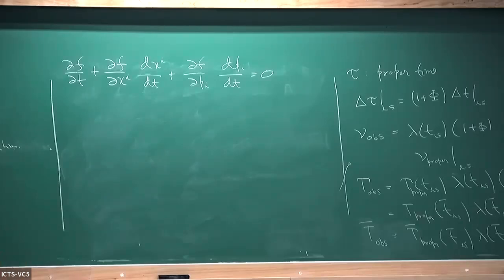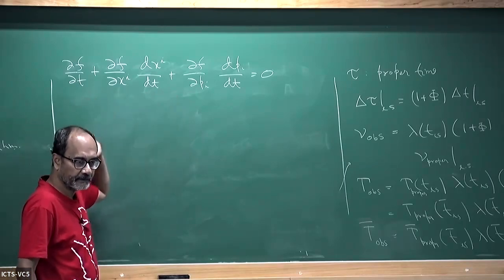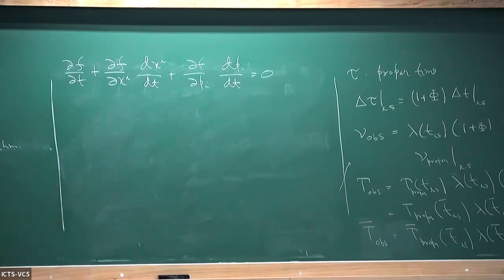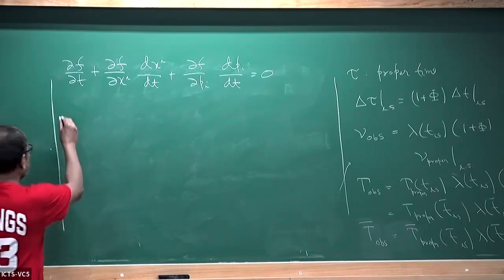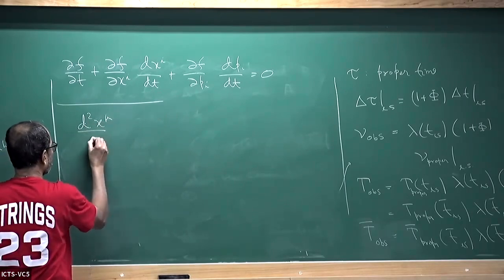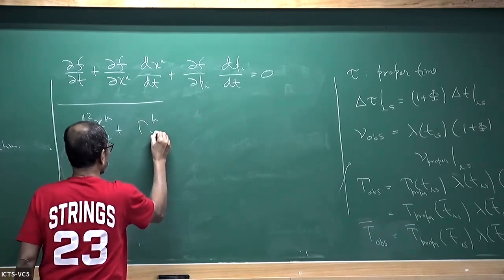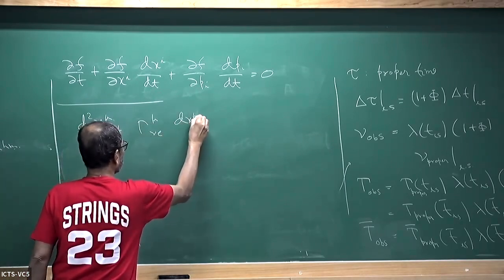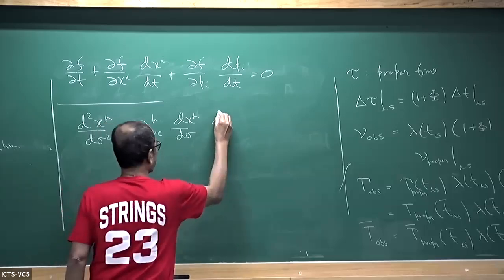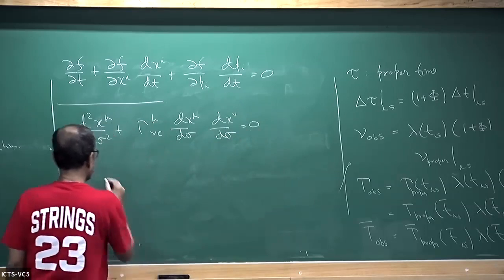Once you find the expressions for these, we can substitute here and try to solve for f. So the photon trajectory, of course, is given by, where sigma is some affine parameter.